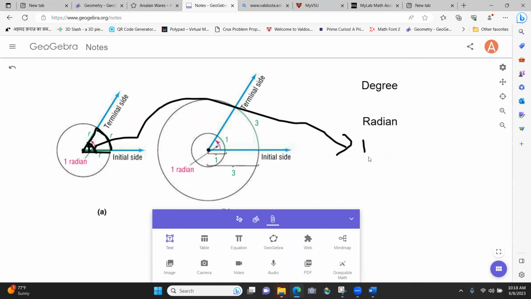I'm going to go over it again. So what's 1 radian? It's about 60 degrees, but I did say about, so it's not really 60 degrees.